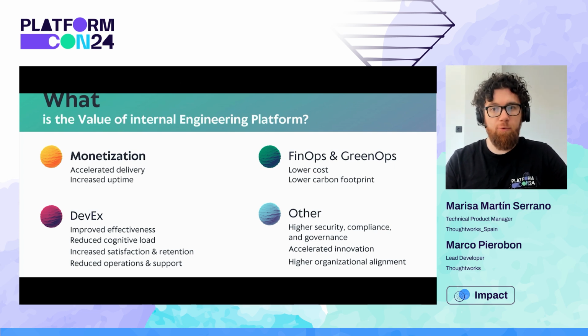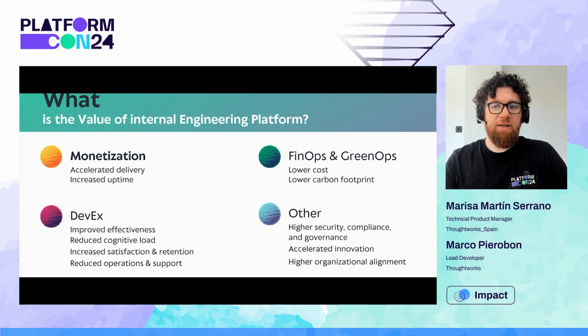Essentially, once your product or workload runs in the platform, you should expect a faster accelerated delivery and an increase in uptime. This is because an accelerated delivery with a shorter and faster path to production and an increased resilience should be the two key attributes of our platform.